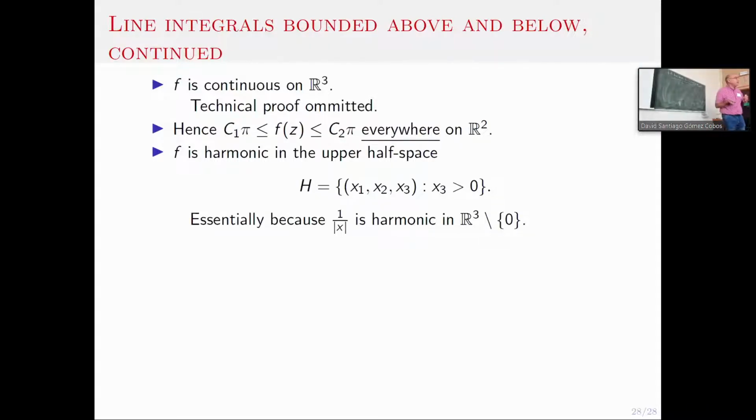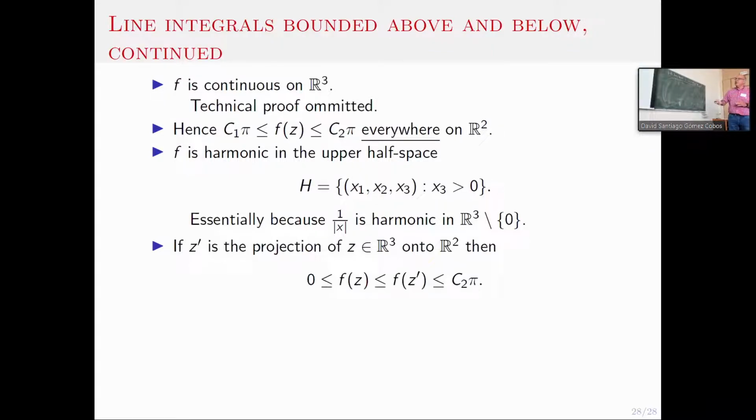Now we notice that f is harmonic. It's a harmonic function because it's a weighted integral of harmonic functions. 1 over r is harmonic in R3. So, at least in the upper half space, we have a harmonic function f which is bounded on the plane. It's also continuous.